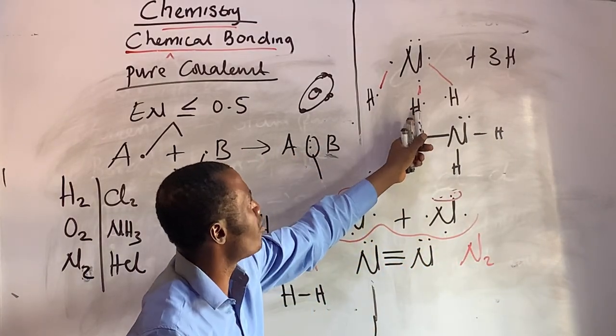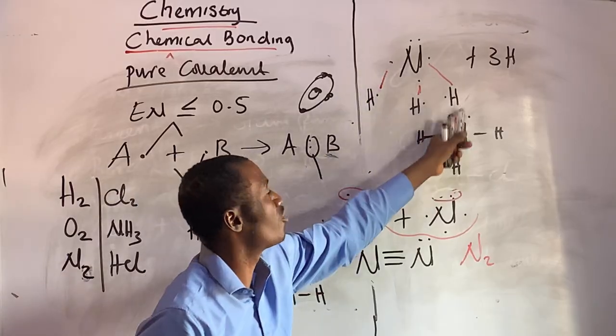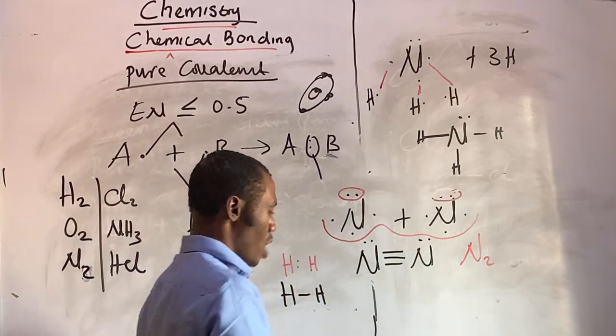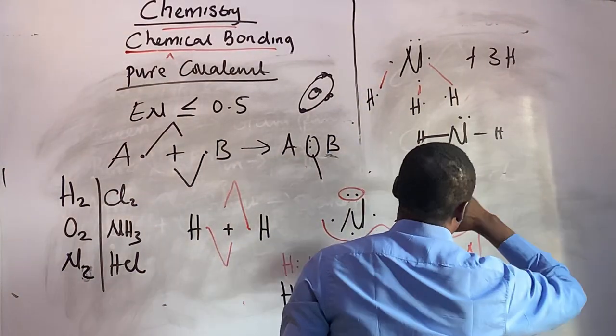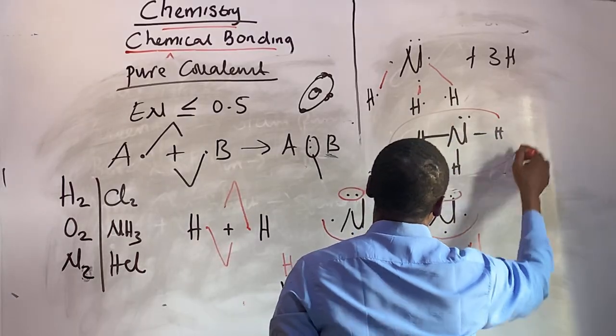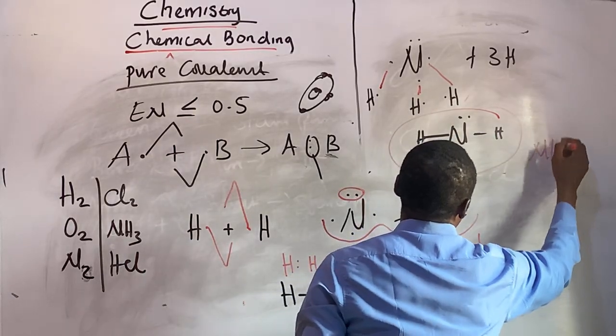Understand that 1 electron from each hydrogen is shared, and then it's stable. This is my answer for the ammonia.